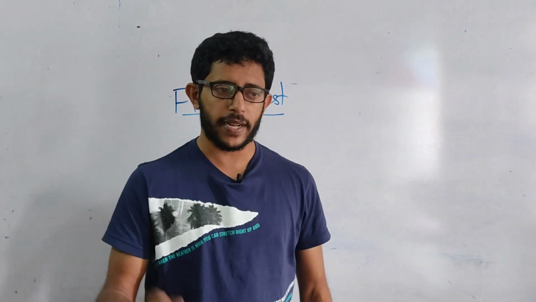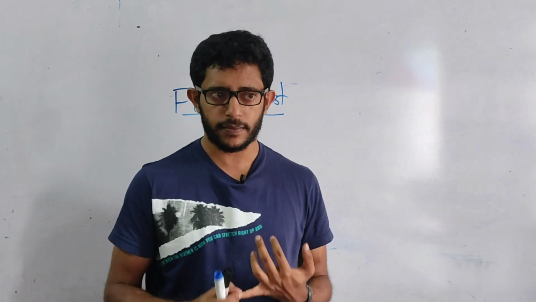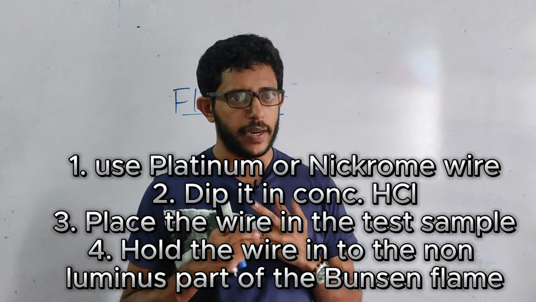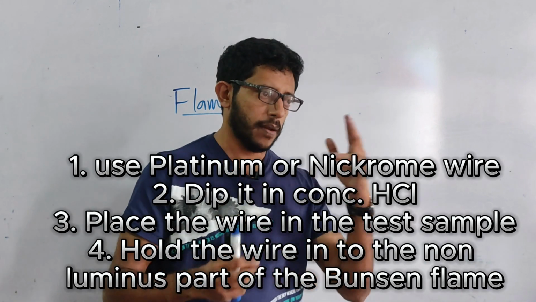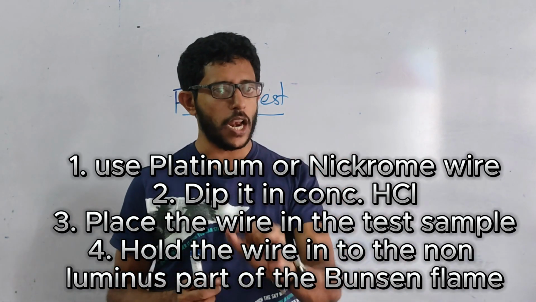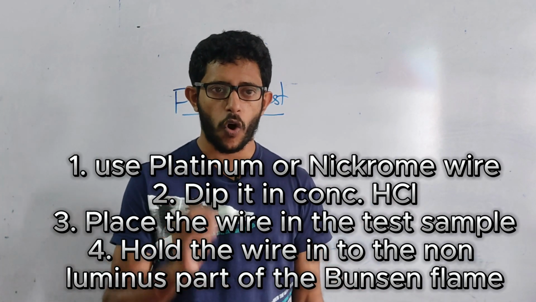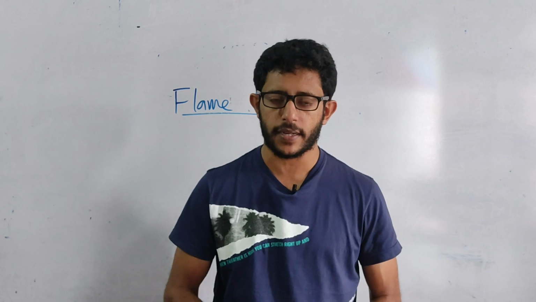How we carry out the flame test: you have to take a platinum or nichrome wire, dip it in concentrated HCl, place it into the test sample, hold it into the non-luminous part of the Bunsen flame. So those are the common 4 steps we can write.